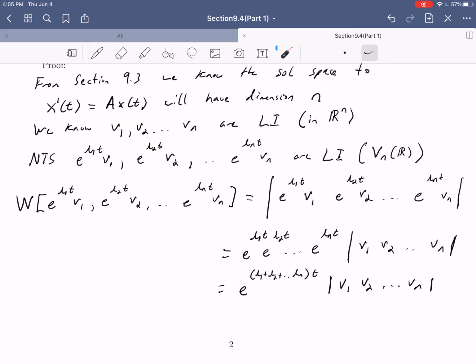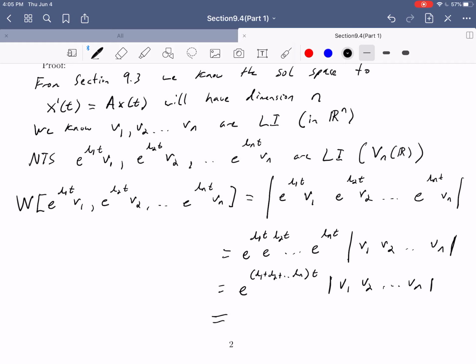If we did c1 v1 plus c2 v2 plus through cn vn equals 0, there would be a unique solution, only c1 equals c2 equals cn equals 0, which means the matrix has to be invertible, which means it has full rank, so the determinant must be non-zero.